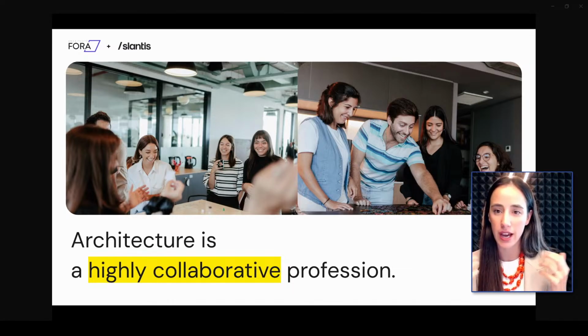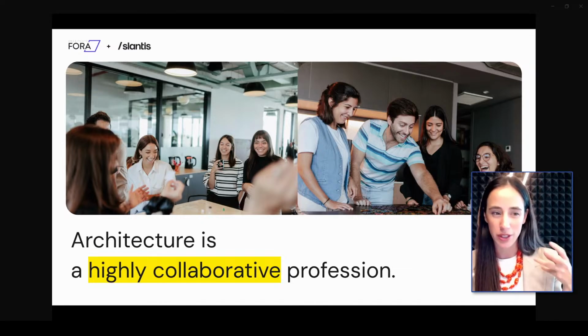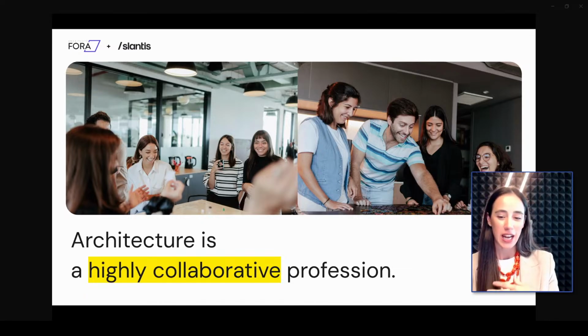That is a skill, and that is the essence of architecture: all these perspectives put together and combined and materialized in a built thing, let's say.